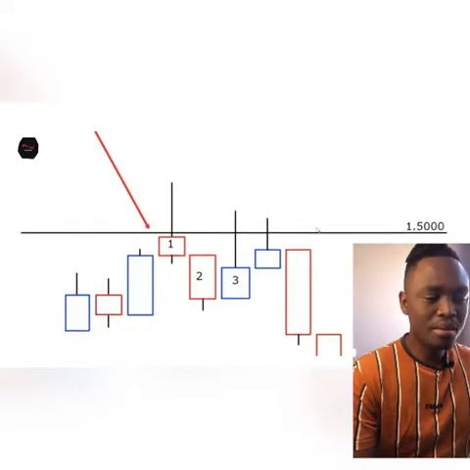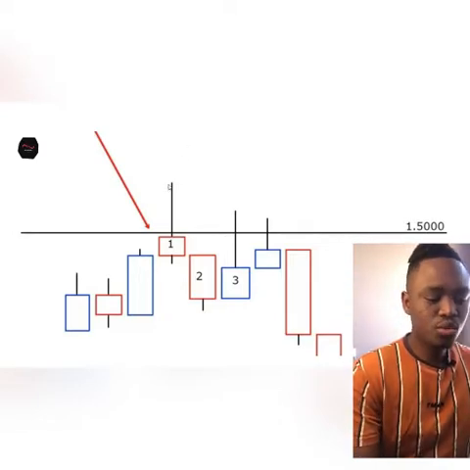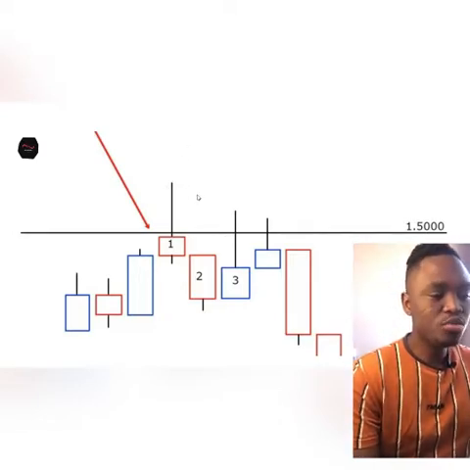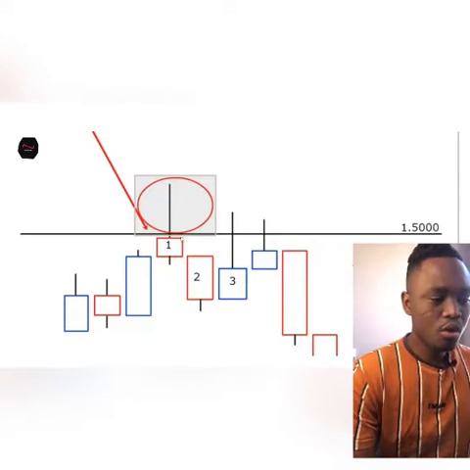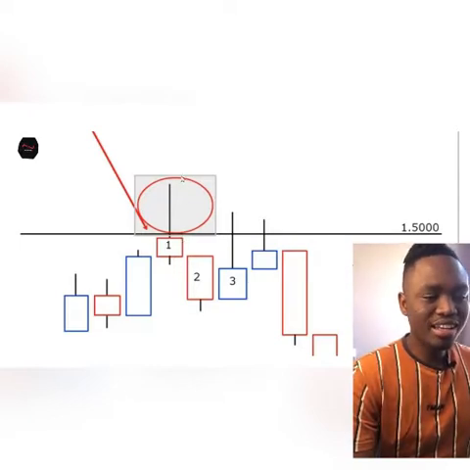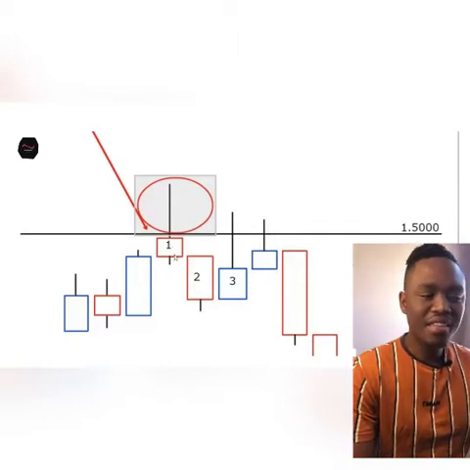Price needs to come in here, come in full force as if it's going to break through. And then the next thing we need to be looking at is price to be rejected back down here. Understand? So once price comes into this level, it needs to be rejected back down below here and then close.